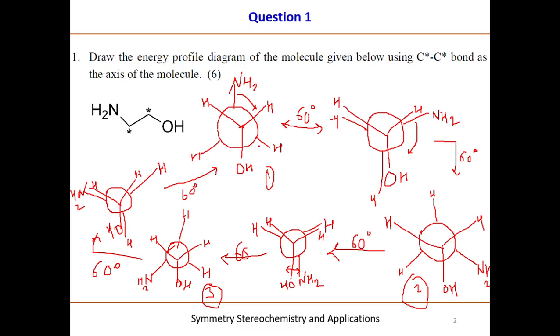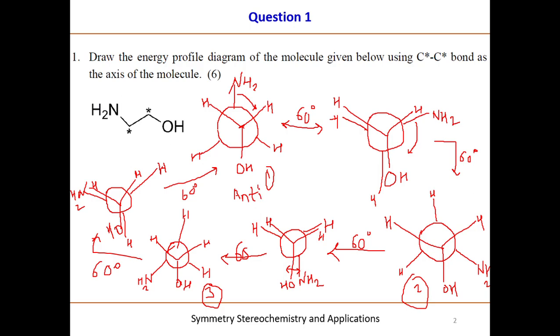That means there is less repulsion between the lone pairs and bond pairs of these functional groups. That's why this configuration will become more stable, and this is called anti because the OH and NH2 groups are anti to each other.